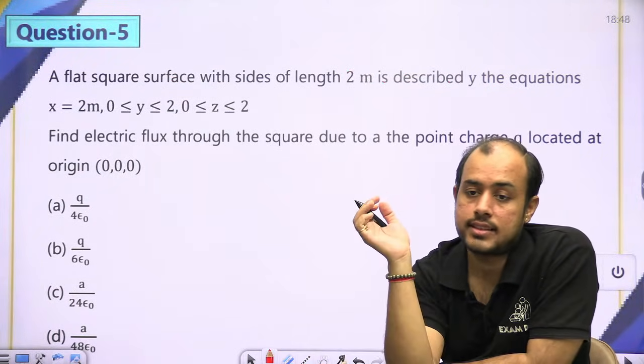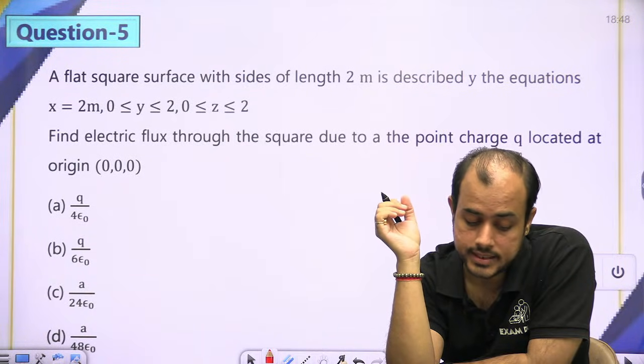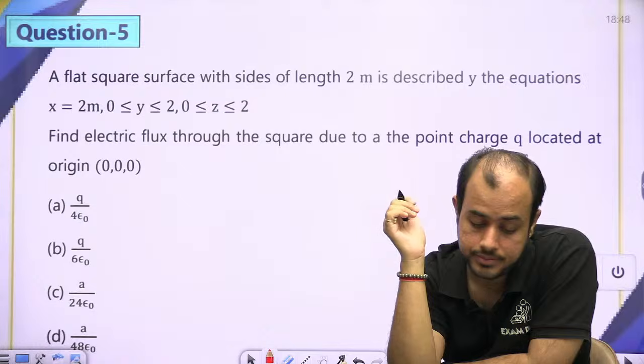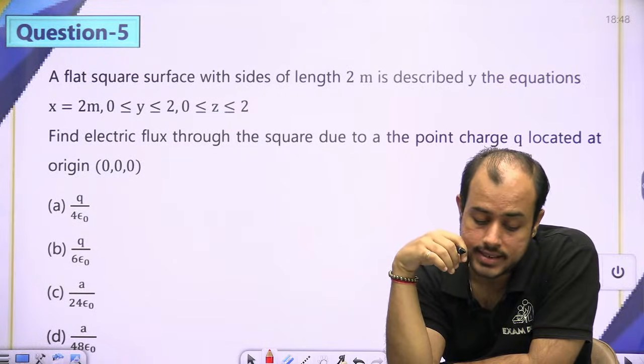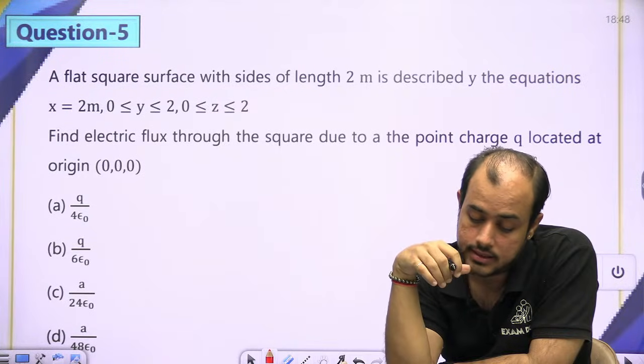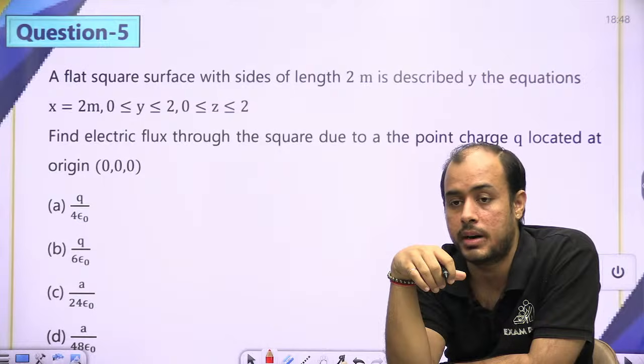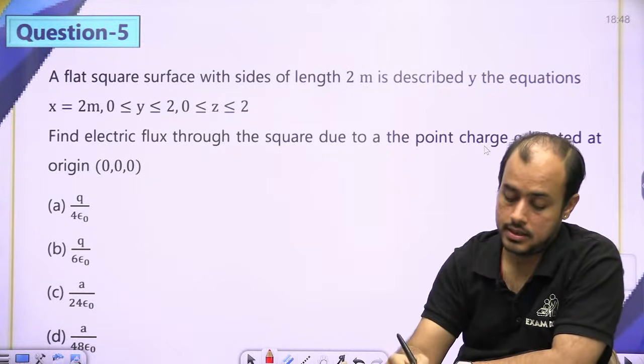Next, a flat square surface with sides of length 2 meter is described by the equation x equals 2, and y and z are varying from 0 to 2. Find the flux due to a point charge q located at 0, 0, 0.